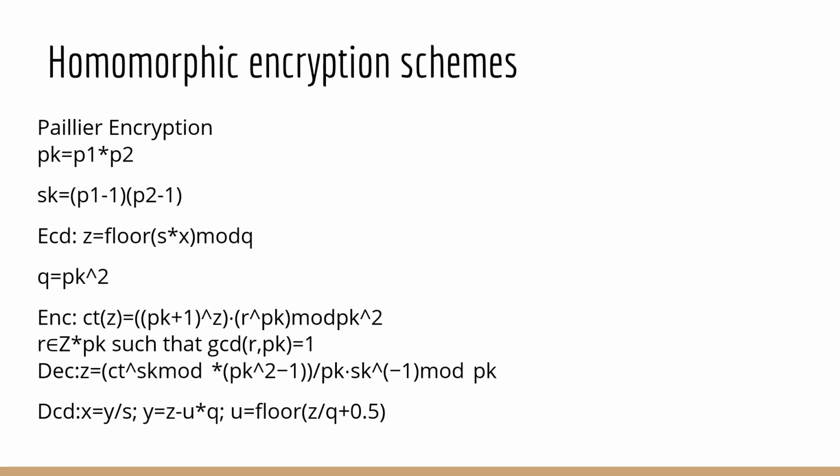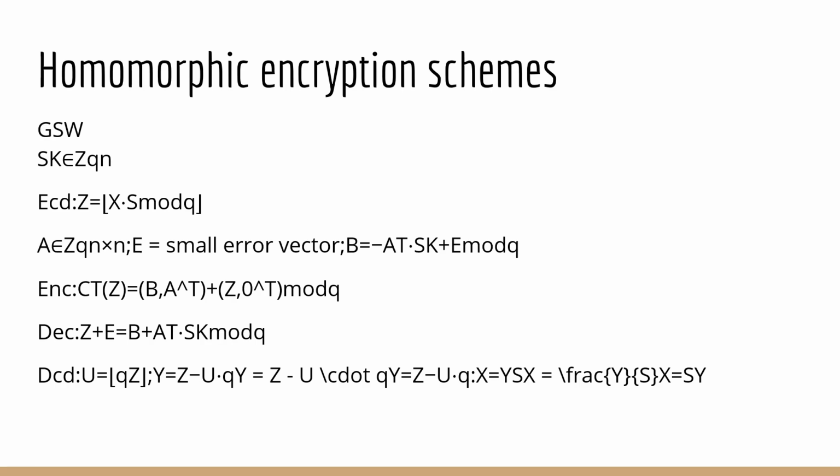We then go on to the GSW scheme. In the GSW scheme, the secret key is sampled from Z_q^n space. There is again encoding, encryption, decoding and decryption.